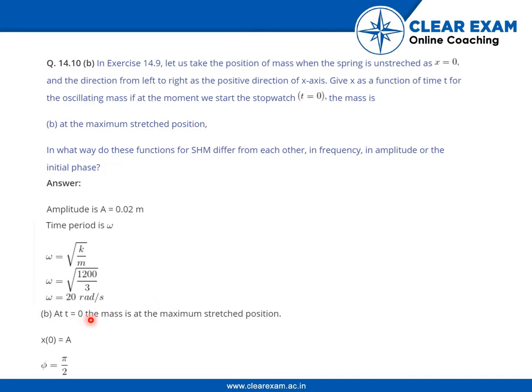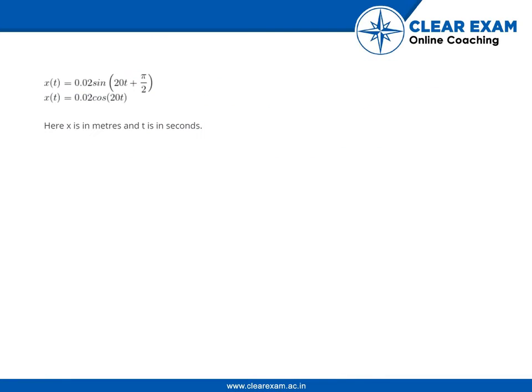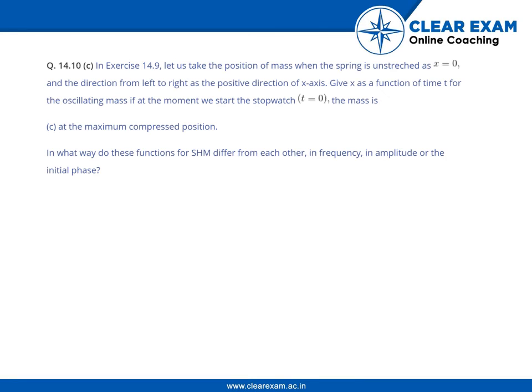Now at t equals 0, the mass is at the maximum stretched position, that is x at 0 equals a, and phi is equal to pi by 2. So x(t) is equal to 0.02 sine (20t plus pi by 2), and x(t) again is equal to 0.02 cos 20t. Here x is in meters and t is in seconds.